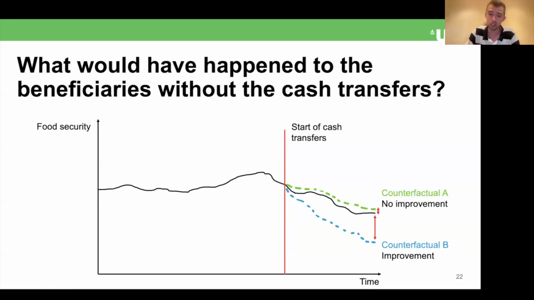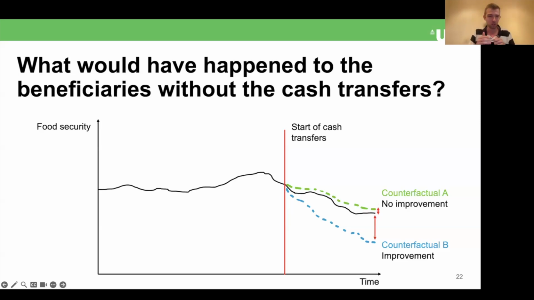Or alternatively, if we would see that these families are worse off and have a lower food security, we would have a counterfactual that's B. And so the counterfactual here is the group, or the families, that did not receive the cash transfer program but are the same as the people that do receive it. In this impossible situation, we would conclude that there is an improvement.